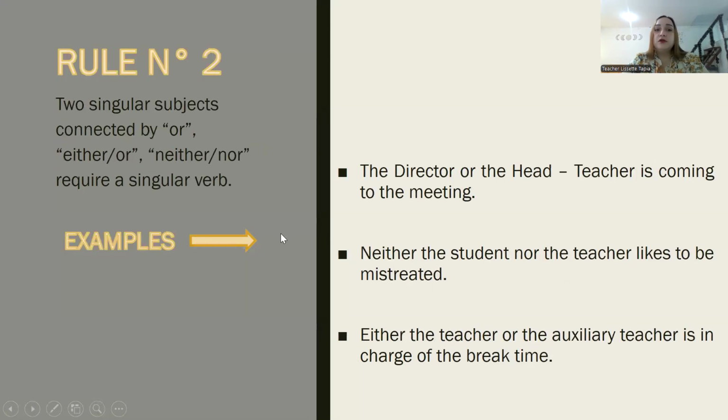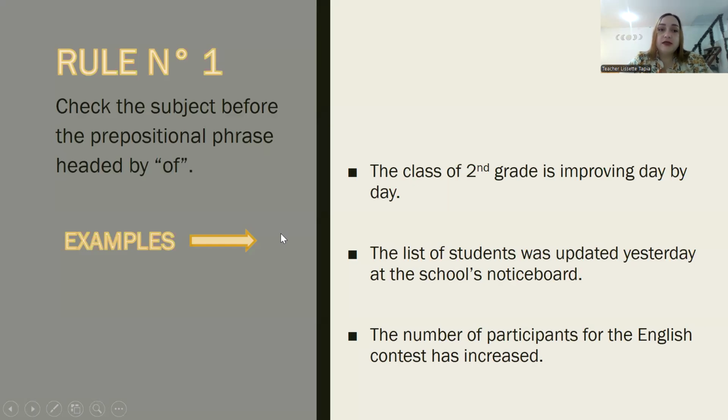The first rule is to check the subject before the prepositional phrase headed by of. A phrase beginning with of doesn't change the subject.